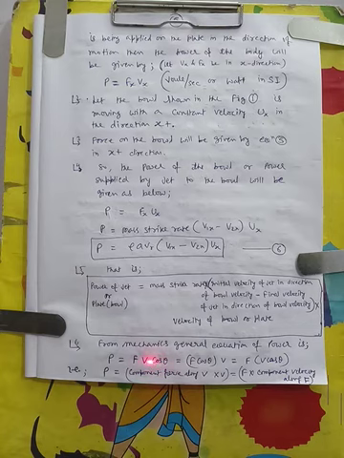If we write this equation like this, F cos theta into V, it means for finding out power we need multiplication of velocity and component of force in direction of velocity.